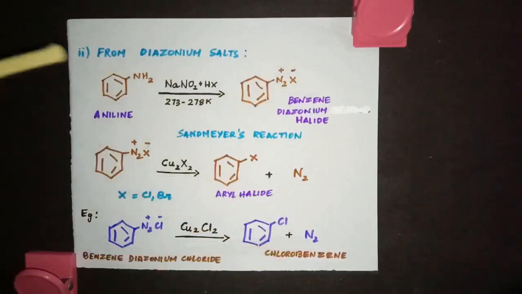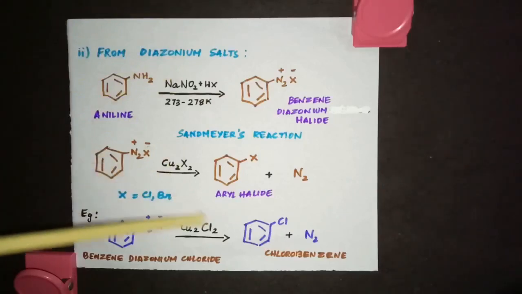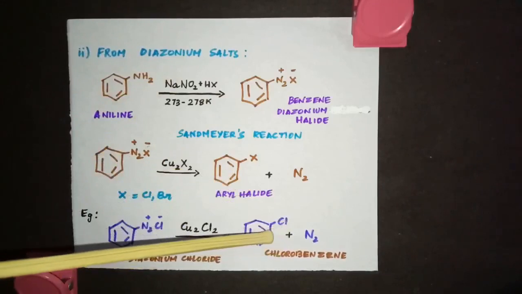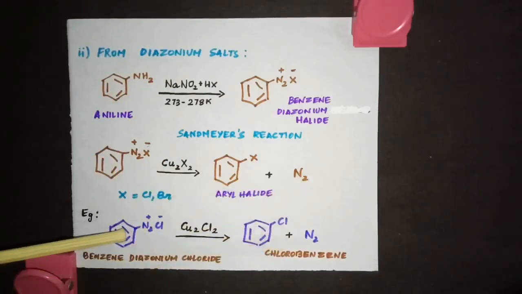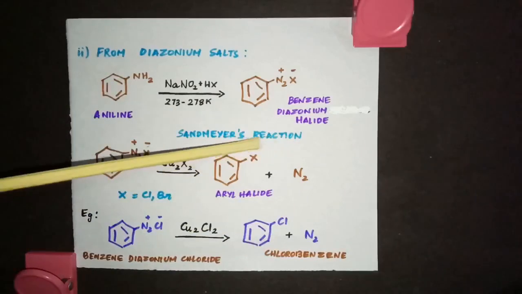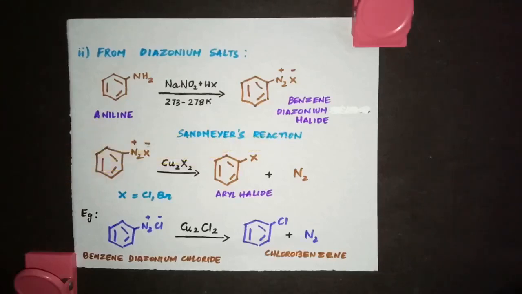So this method of preparation is from diazonium salts, and this reaction, what reaction? Preparing chlorobenzene or aryl halide from benzene diazonium chloride using this reagent Cu2X2 is called Sandmeyer's reaction. So this is a name reaction. This reaction is called Sandmeyer's reaction. If you want to prepare iodobenzene, see here I have written Cl and Br.